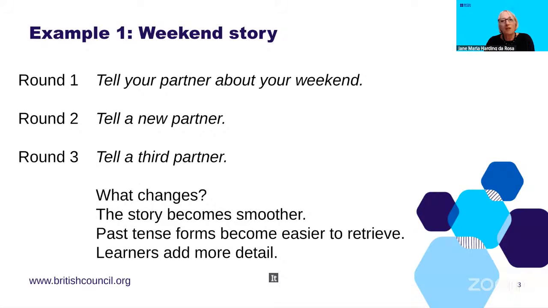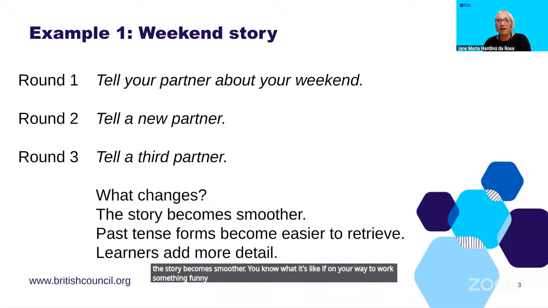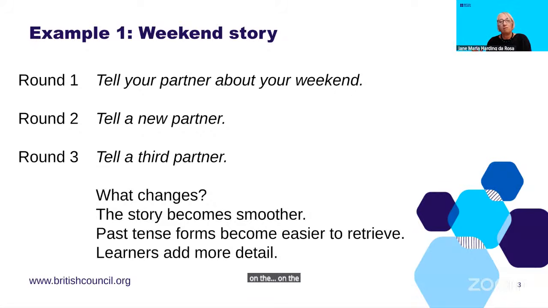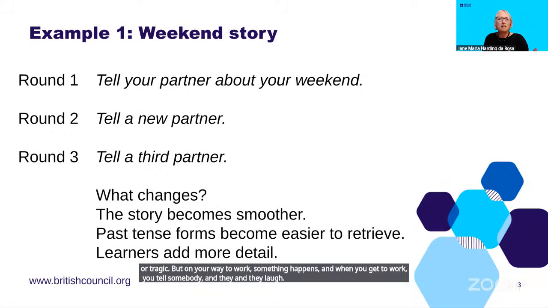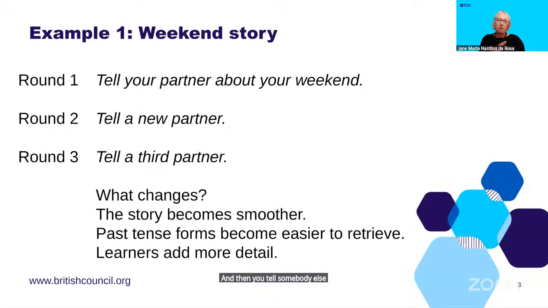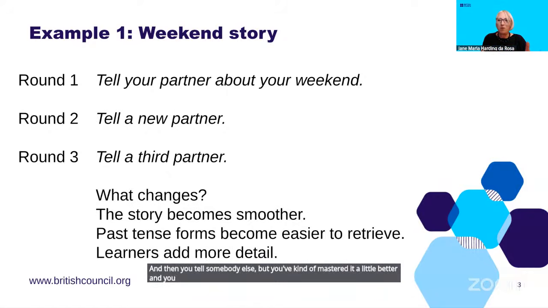the story becomes smoother. You know what it's like if on your way to work something funny happens on the bus, or tragic, but on your way to work something happens, and when you get to work you tell somebody and they laugh, and then you tell somebody else, but you've kind of mastered it a little better and you know when to stop and what words to use.